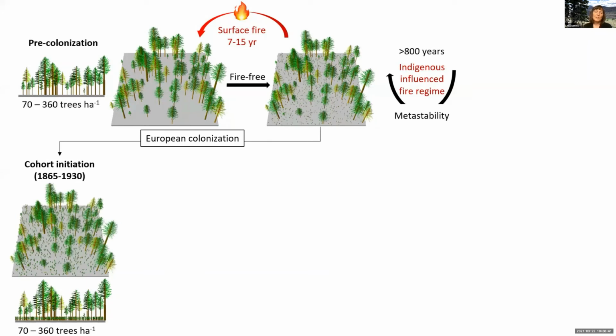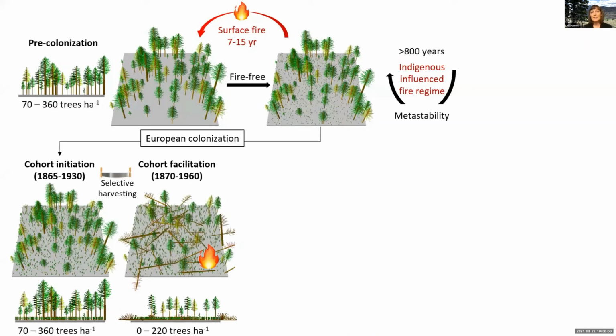With the changes with European colonization at the end of the 1800s to early 1900s, we disrupt this pattern of metastability. And so here we have trees, as the last fires burned and the seedlings began to establish, those seedlings were allowed to persist.